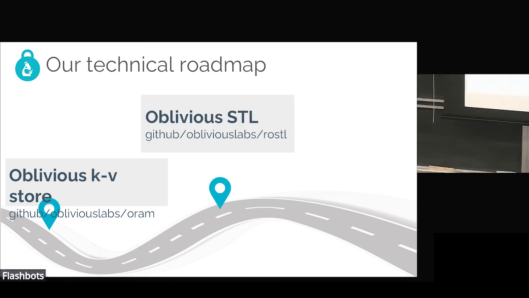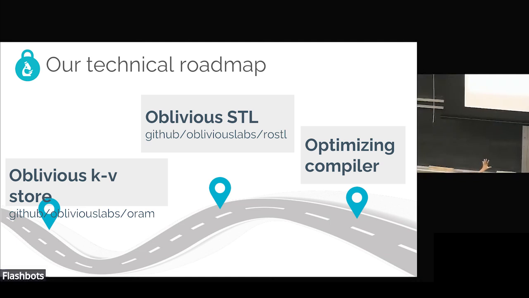This is the rich suite of Oblivious building blocks that I've been talking about, and it's a prerequisite for eventually making a compiler like this. We already have some primitives available, like sorting, some Oblivious data structures, maybe a few graph algorithms. But it still needs a lot more work. And eventually, when the Oblivious STL is more ready, we can start working on building an optimizing compiler like the one I talked about.